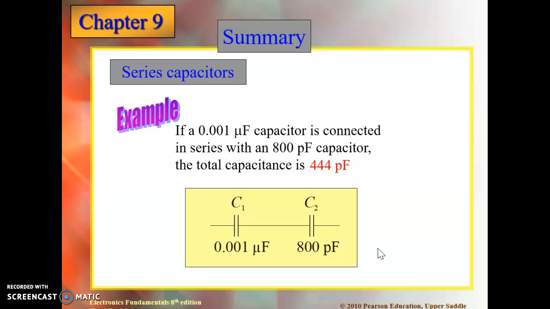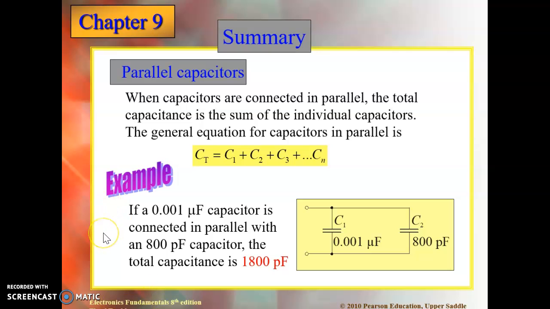So if I take this into picofarads, I get 1 pico multiplied by 800, so 1 times 800, and then multiply the pico, so pico is 12 plus 12 is 24, and then divided by 800 divided by 12. So you get 444 picofarads.